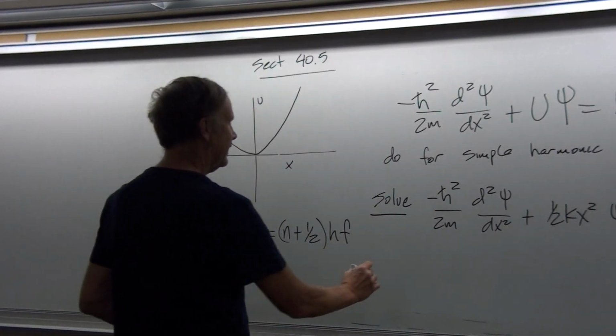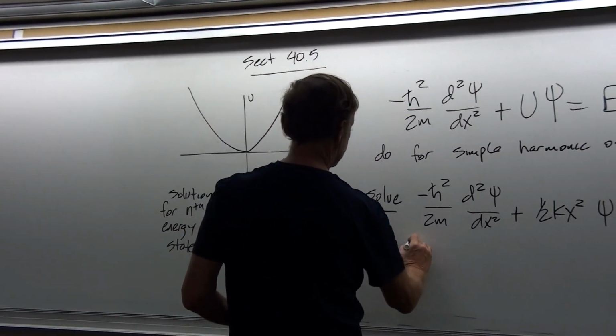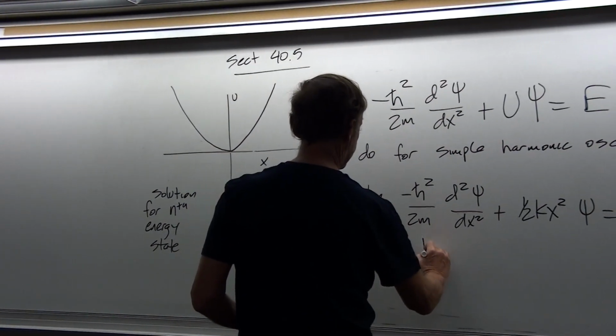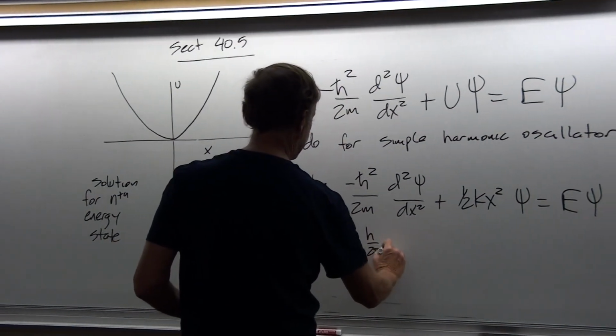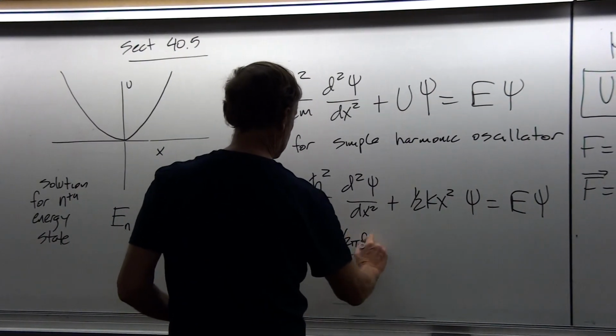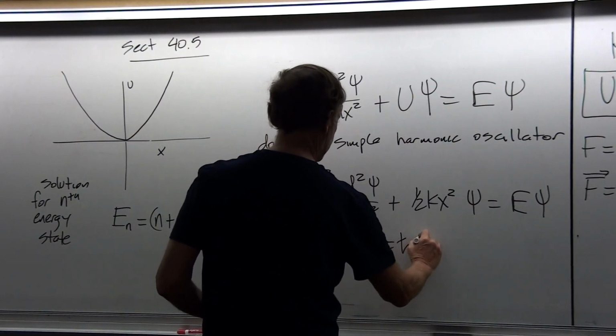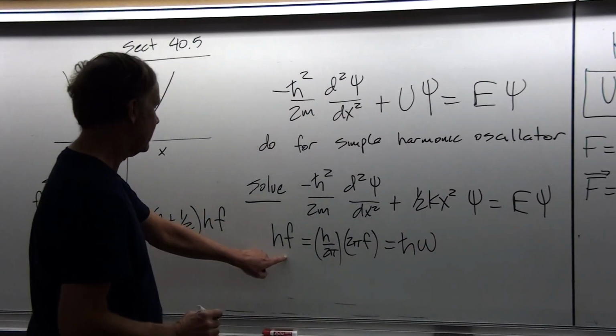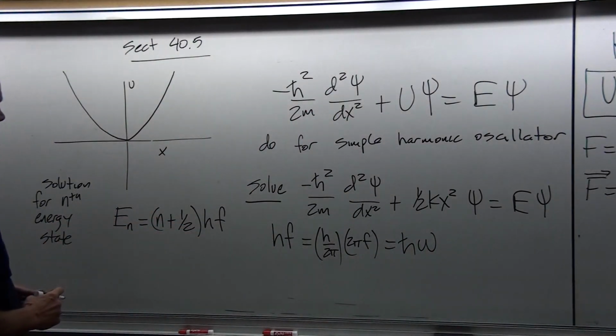Or, because Planck's constant times the frequency is equal to Planck's constant over 2 pi times 2 pi frequency, we can also write this as h bar omega.